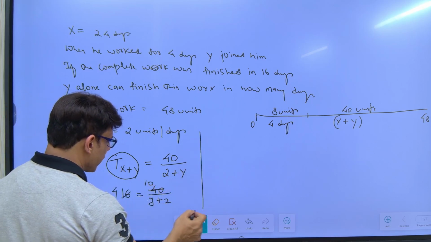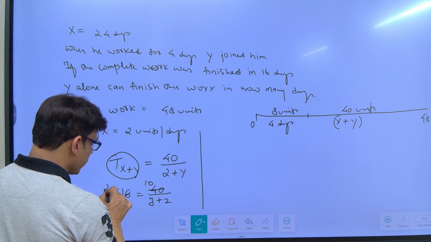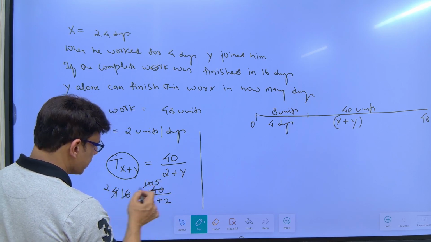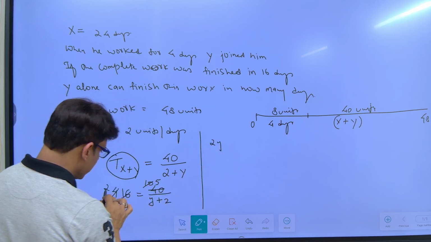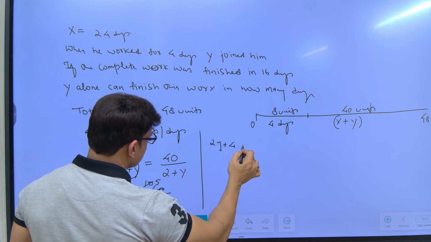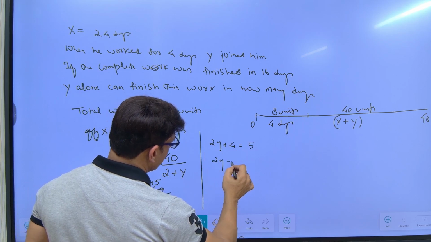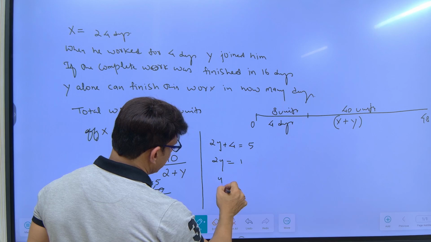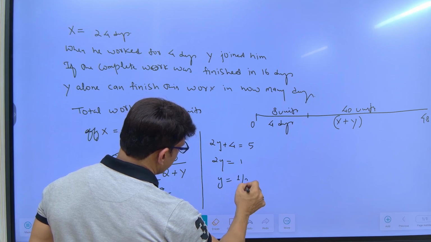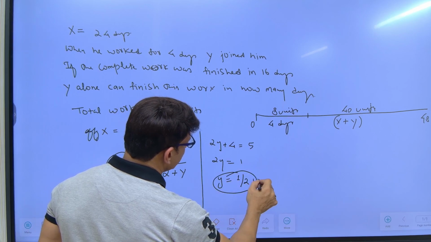So I can simply solve this equation, or you can also write 2 8s are 16, 5 8s are 40, cross multiply. 2y plus 4 is equal to 5. So 2y is equal to 5 minus 4, 1, and y is equal to what? 1 by 2 units per day, right?